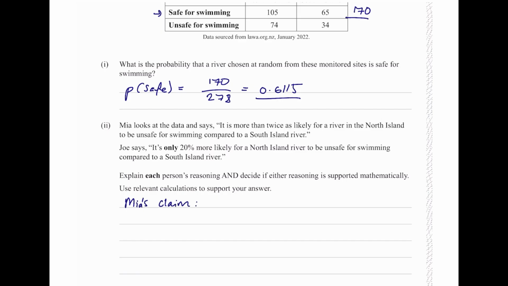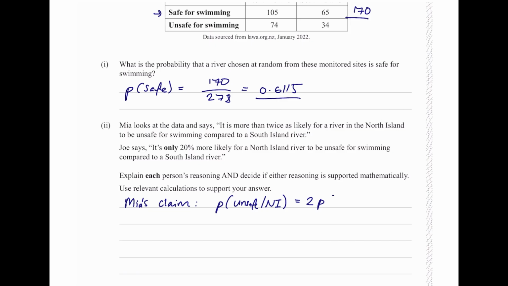What's Mia's claim? Mia's claim is that it is more than twice as likely for a river in the North Island to be unsafe compared to a river from the South Island. So, look, what we're saying is that the probability that, given we are in the North Island, it is unsafe is going to be more than twice as likely compared to the probability from somewhere in the South Island.